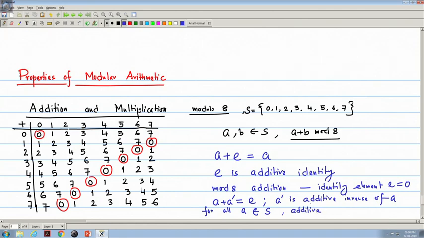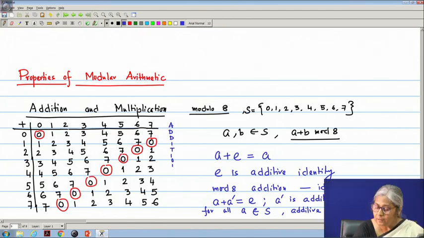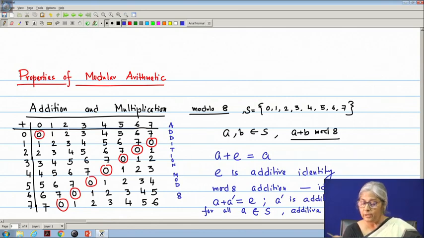Later we will tabulate that. So, additive inverse exists. When we are considering addition modulo 8, these are the things I get.